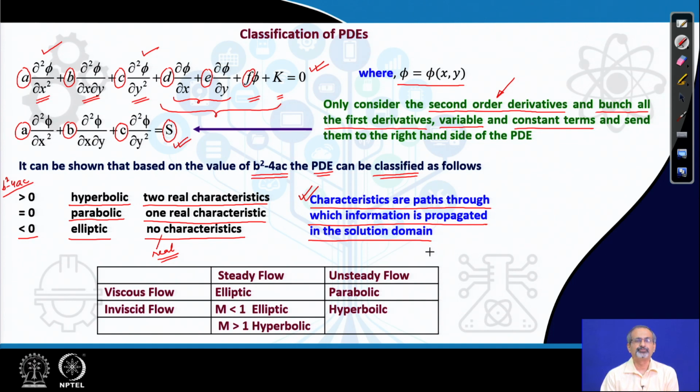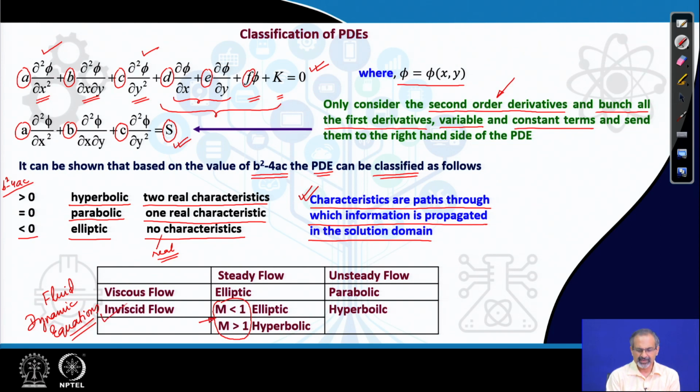Now, if you look at the problem from an application perspective, when it comes to fluid dynamic equations, especially in aerodynamics, we are often concerned with a range of velocities. Sometimes we are talking about low speeds, it could be incompressible flow, and therefore the Mach number is typically approximated to 0. But there could be situations where the flow is compressible, and then we are concerned about the Mach number of the flow.